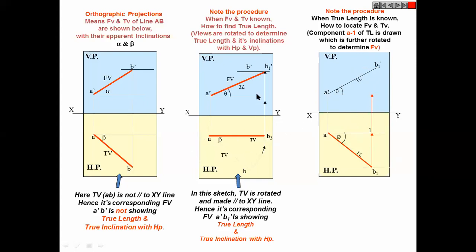We are following the exact reverse procedure of what we did here. Here we went to here and joined it. Now this is given, so we'll bring this down. So ultimately this horizontal line is created here. Now we will rotate it, and it will cut somewhere here. See, it is rotated and it is cutting here. That is the front view. Got it?